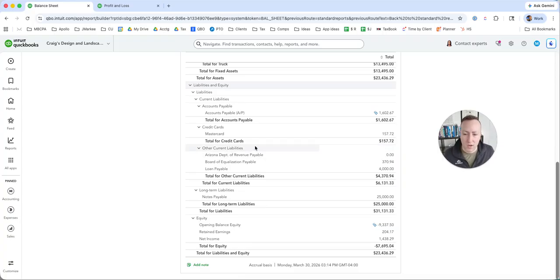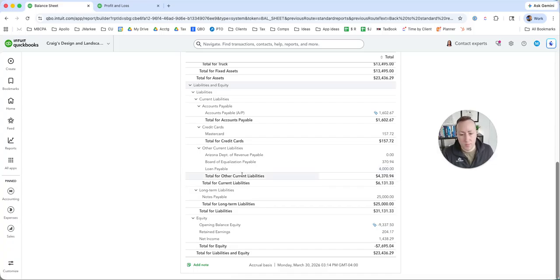Then we have other current liabilities. Payroll payable, or payroll liabilities, are a great example of that. So as you process payroll, maybe there's like a week that goes by before you actually have to remit or pay those funds to whatever taxing agency, whether it be the IRS or your state and local tax agency.